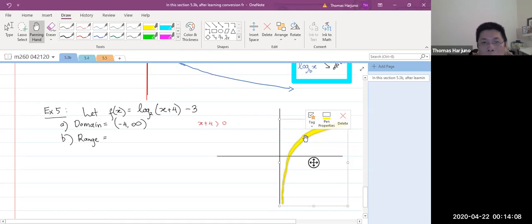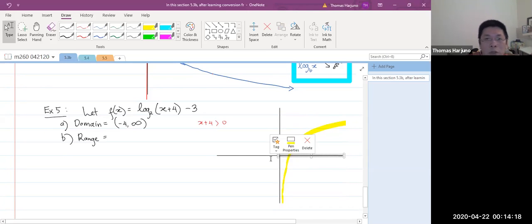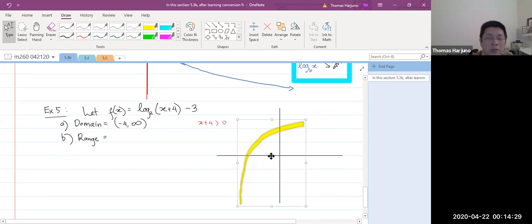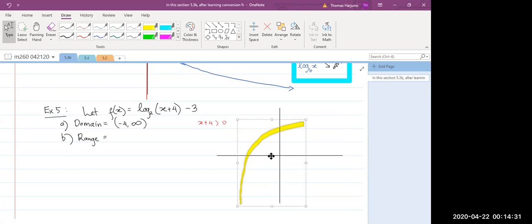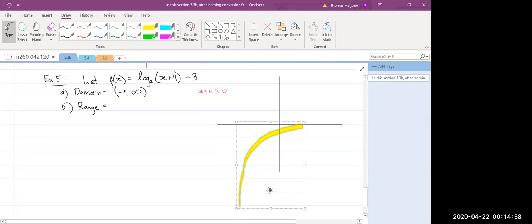When I move 4 units to the left, it becomes like this. You see, it's still all real numbers. And then when I move 3 units down, it's still all real numbers. Does it make sense now?